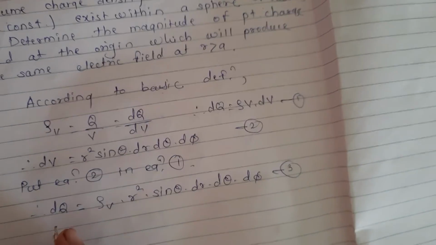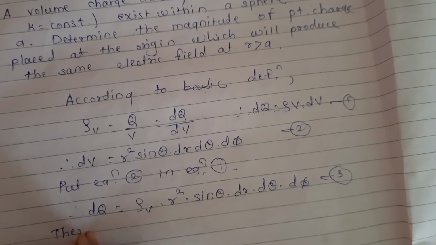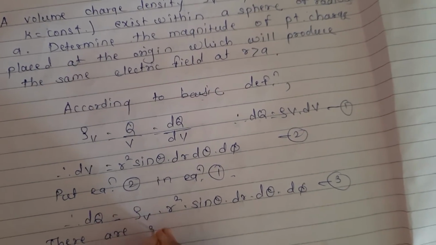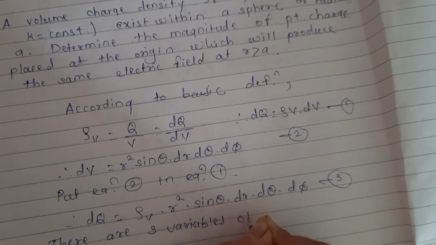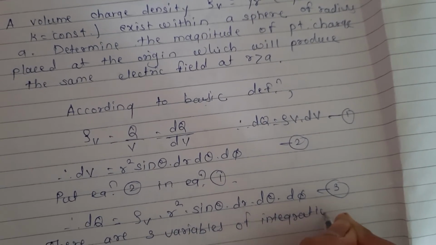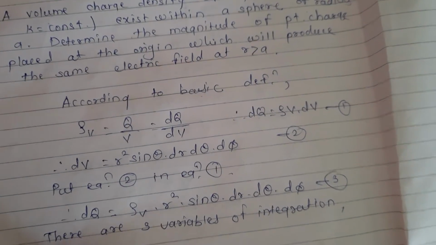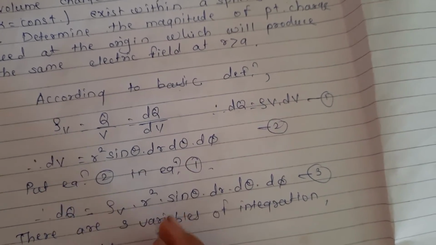Now to calculate q, we will integrate dq. So there are 3 variables of integration, that is dr, d theta, d phi.